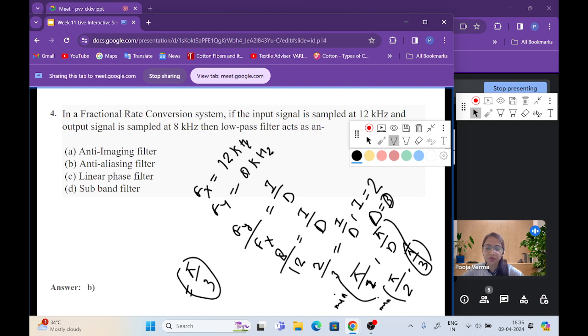If we upsample or interpolate the signal, then that filter will act as an anti-imaging filter. So correct option is option B, that is an anti-aliasing filter. Okay, so have you got it? Are you getting these questions?